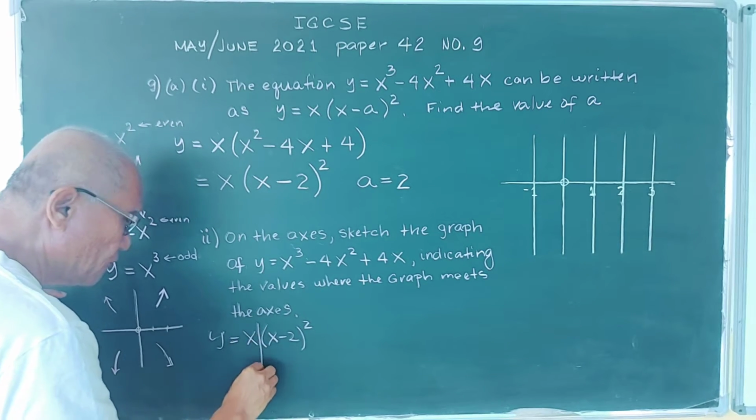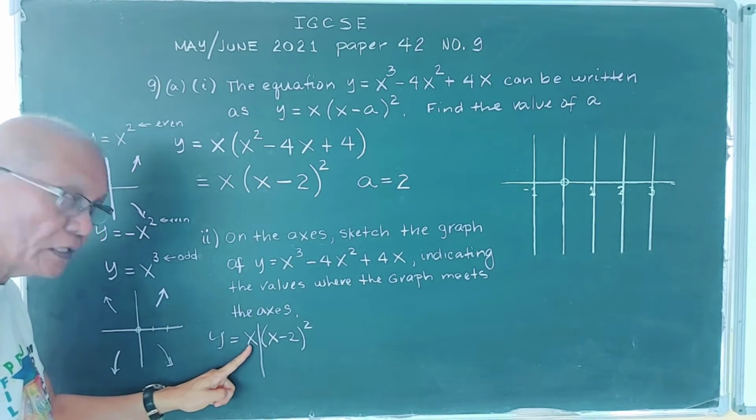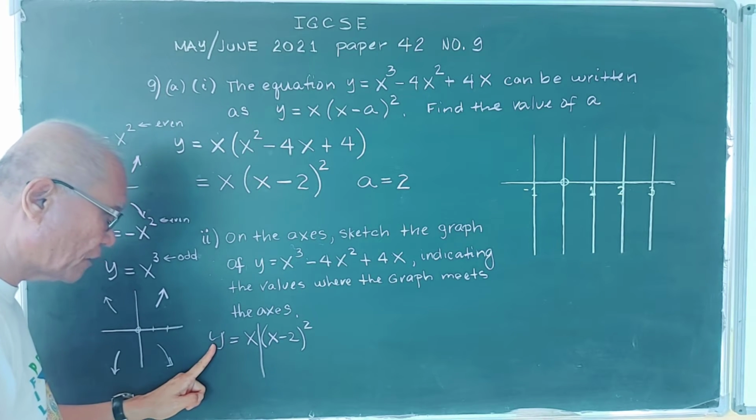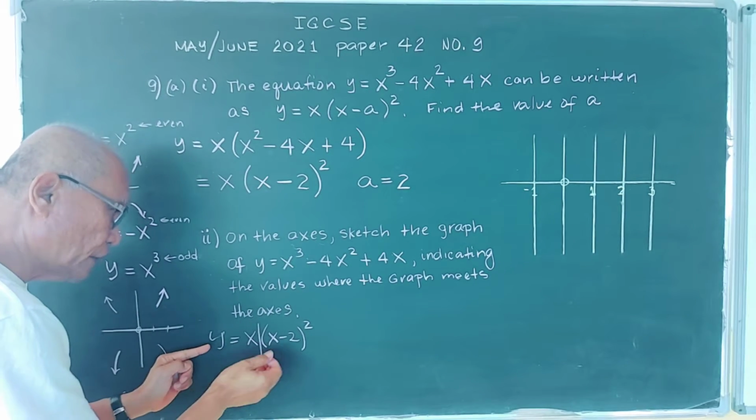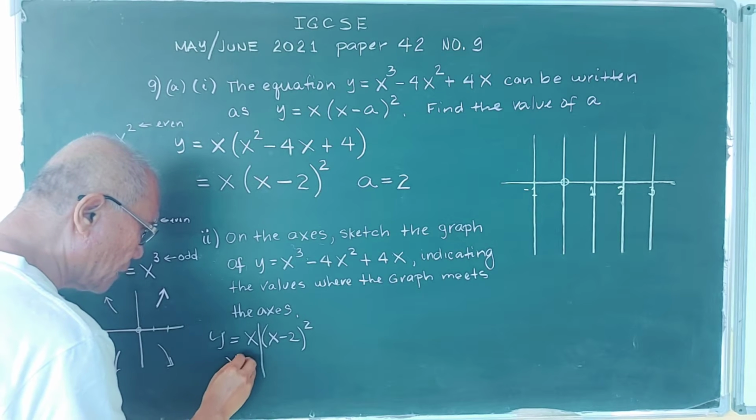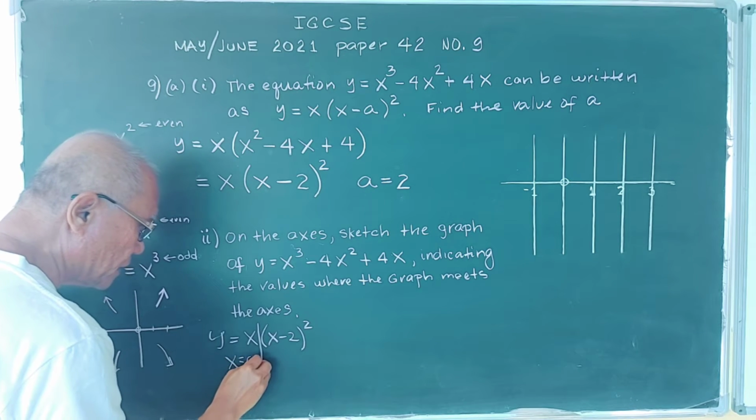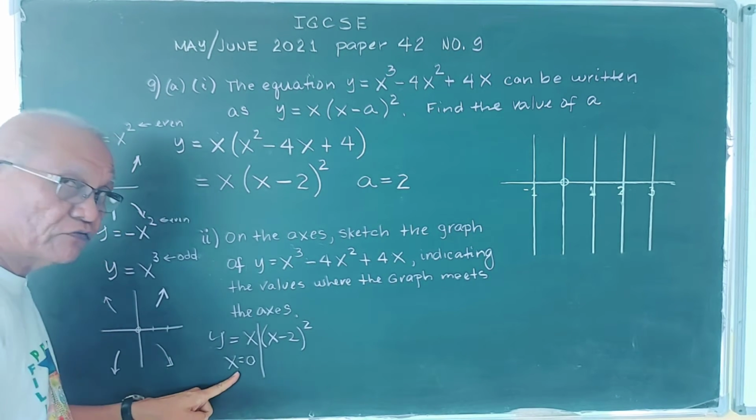We use the zero factor property. We equate this to 0 because this one will become 0, and then we solve for it. So x is equal to 0 because we set y to 0. So one value is 0.